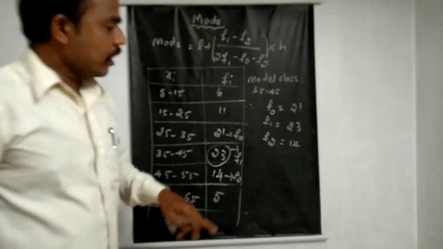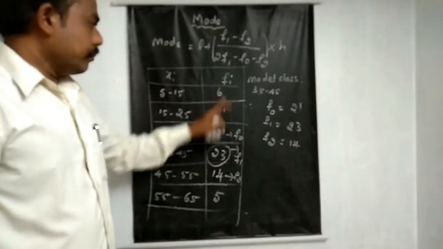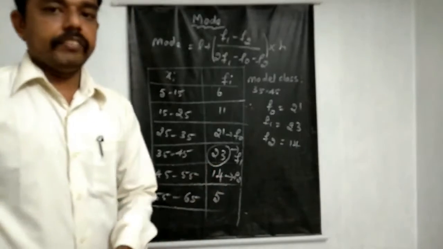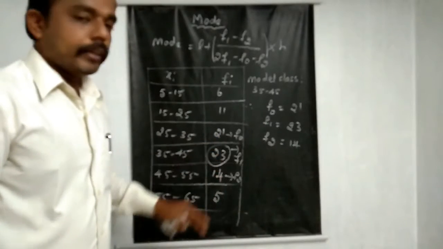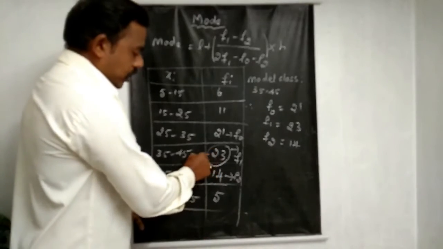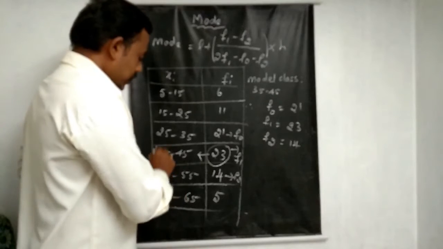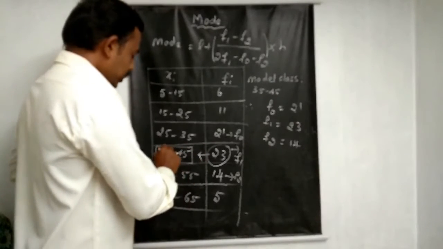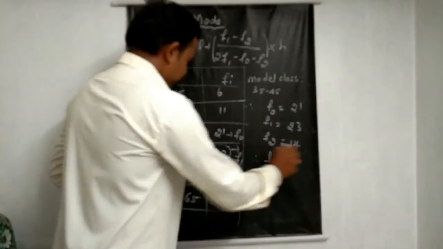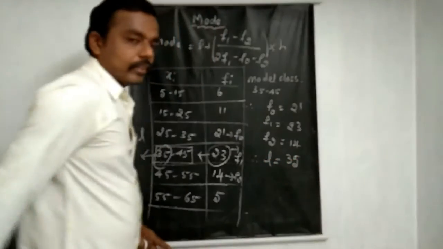Once again, first we find the modal class from the frequencies, which is the biggest number. This is the first identification. From this you write the previous and next frequencies. Then from the modal class we choose the lower limit, so L equals 35.